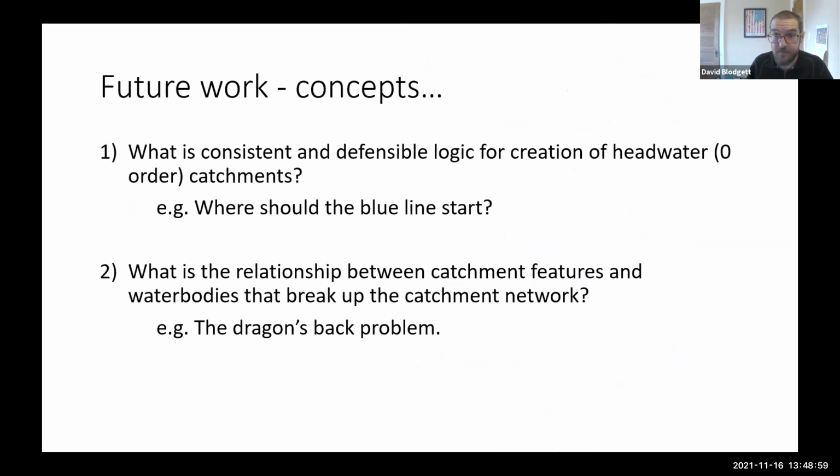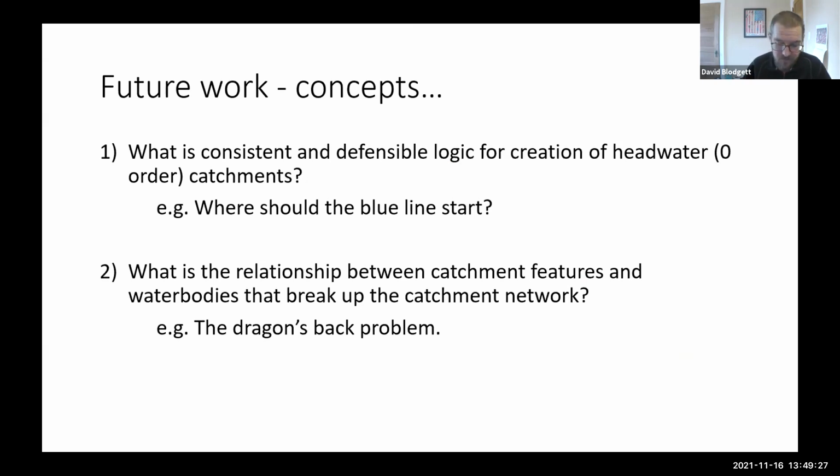So some future work. In the concept space, I didn't talk about this in detail, but in the elevation derived hydrography, NHDPlus space, we need some core defensible logic for headwater catchments. These catchments that don't have a flow line.